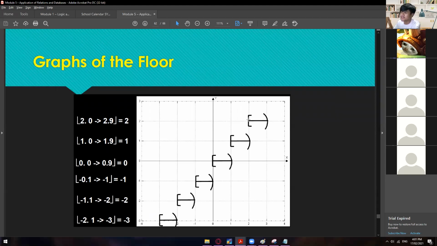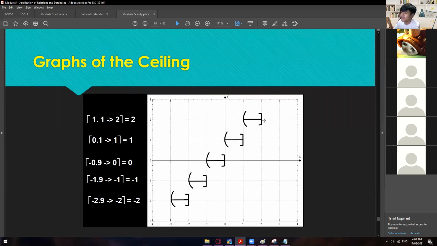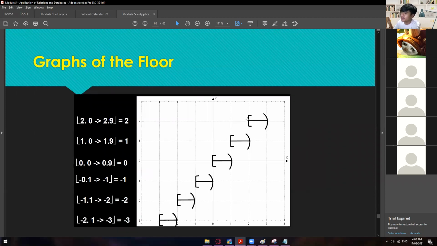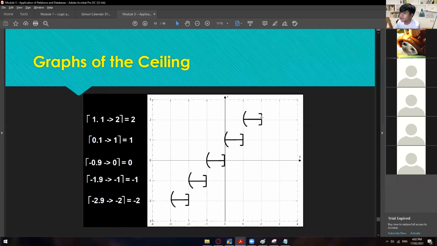All right. If we have graphs for the floor, we also have the graph for the ceiling. As you guys can see, it's just the opposite of the floor. Before it was on the left side, right now it's on the right side. If we have the smallest, let's say 1.1 or 1.001, it will be rounded up to 2, since we are in a ceiling.